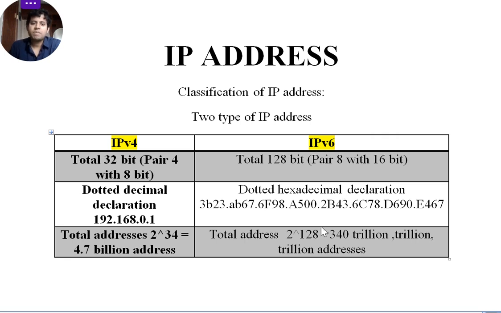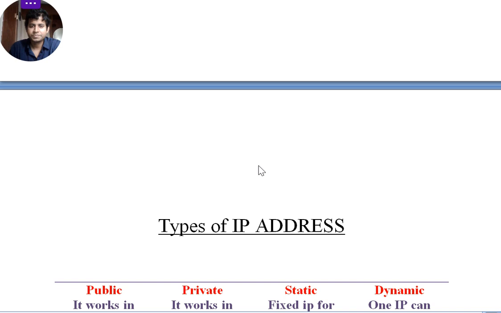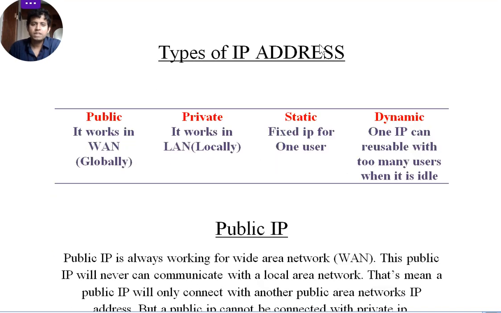So about IP version 4 and IP version 6, we now have a basic sense. Now we are going to talk about the types of IP addresses. In the real world, we will find basically four types of IP address.